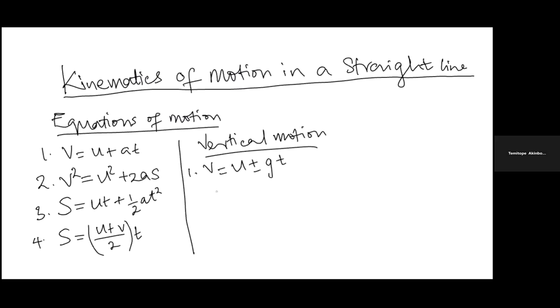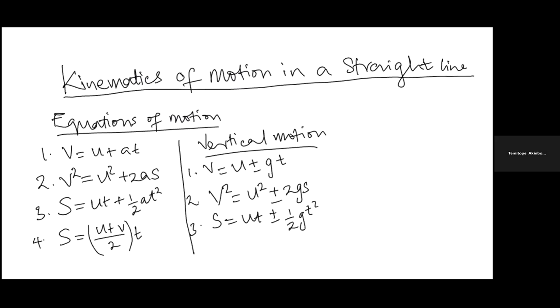Number 2, V squared equals U squared plus or minus 2GS. Number 3, S equals UT plus or minus half GT squared. Is that clear for vertical motion?